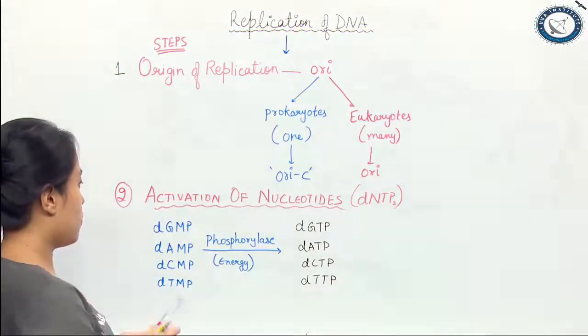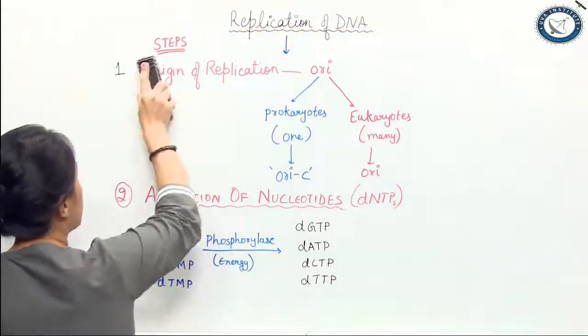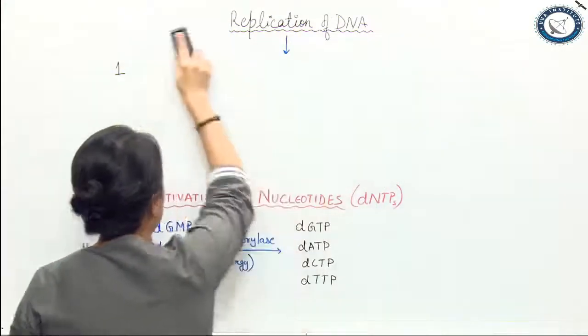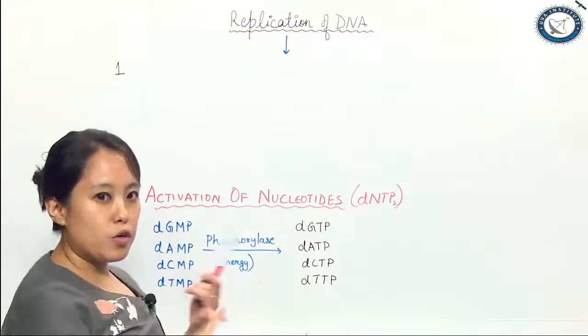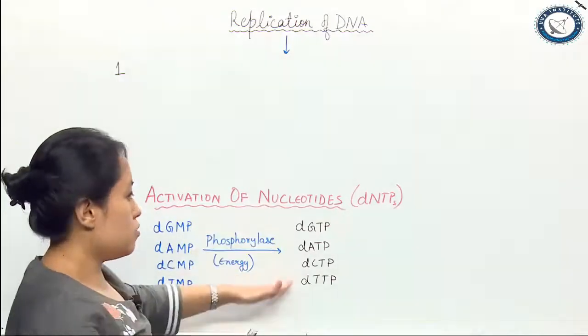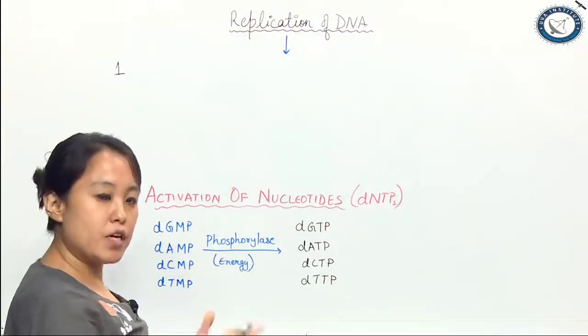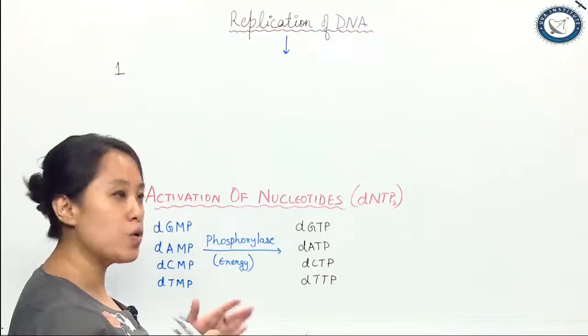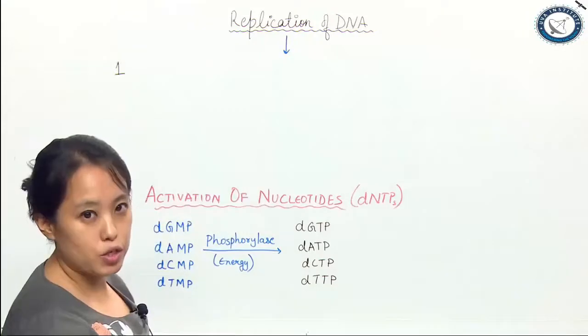Okay? Now, after this, I am going to write down the third step. Agreed, I have got the ori and I have got all the TPs ready. That means I have converted all the monophosphates into triphosphates. Now everything is ready. Now we need to start with the replication process.